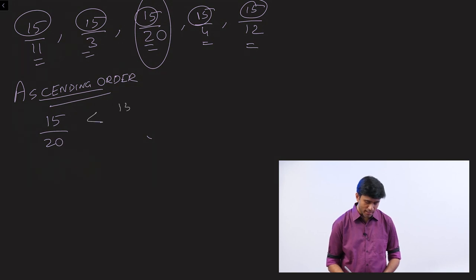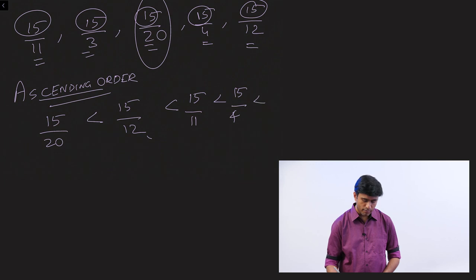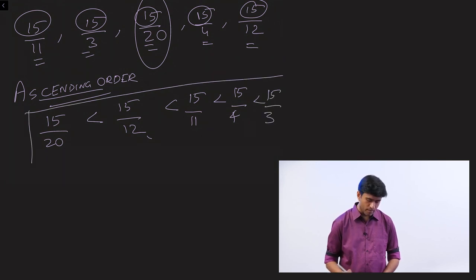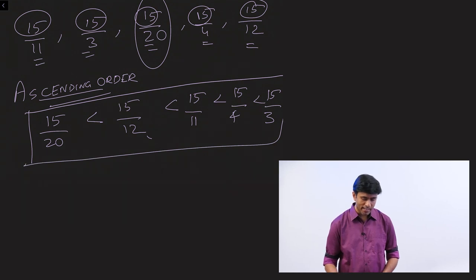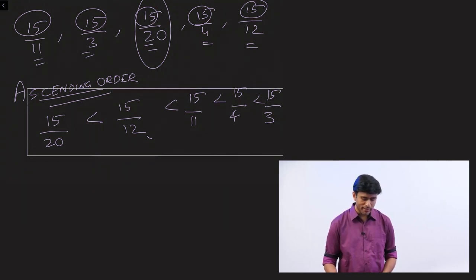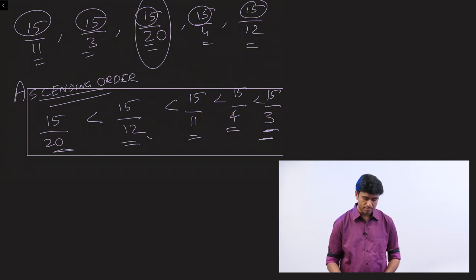Then it is 15 by 12. Then it is 15 by 11, which is less than 15 by 4, which is less than 15 by 3. When the numerators are the same, you have to look at the denominators. Smaller the denominator, greater the fraction.